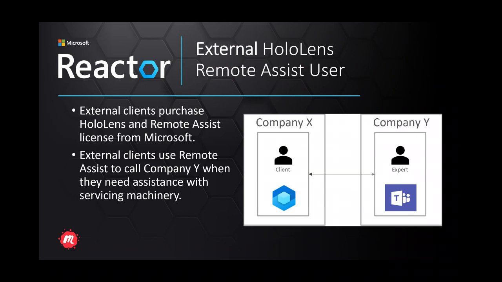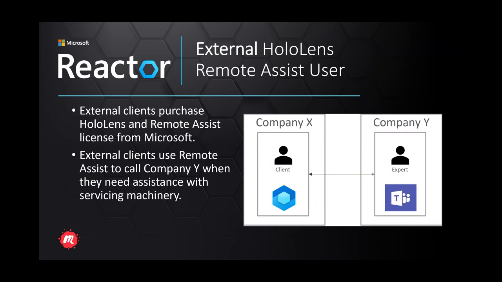So if company Y sends company X a device, company X might have a policy where the client can't log into Remote Assist on company Y's device because it's not enrolled in or managed by company X. So you can run into some issues like that.